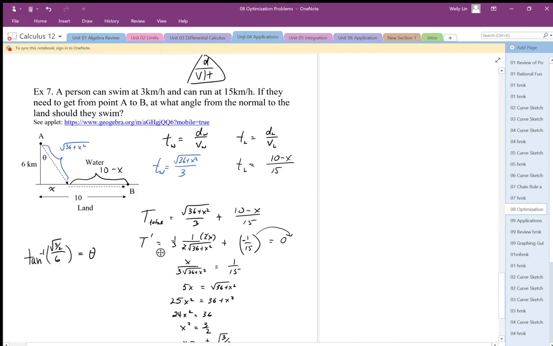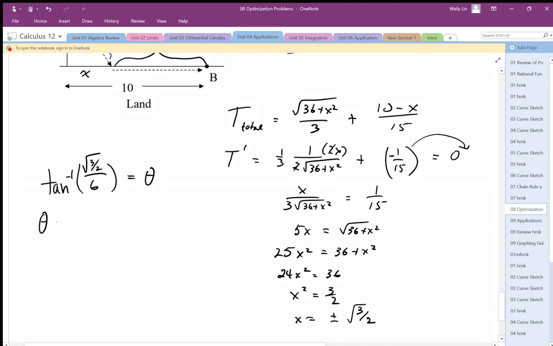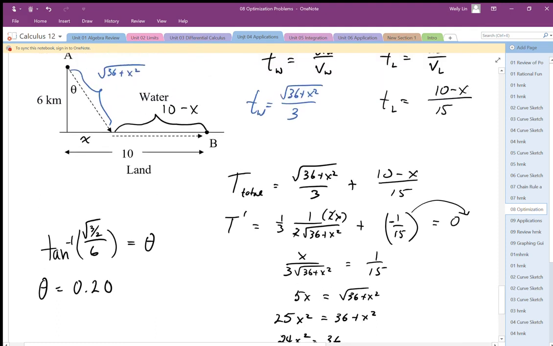Calculating my theta on my calculator, I'm getting an angle of 0.201, so I'm going to round that to 0.20 radians. That angle is going to give me the best angle to minimize the time to get from A to B the fastest.